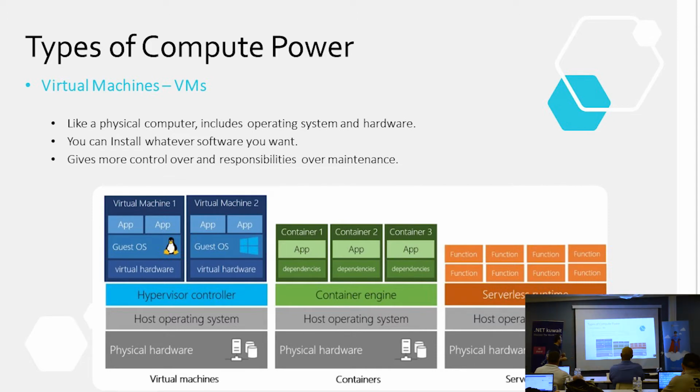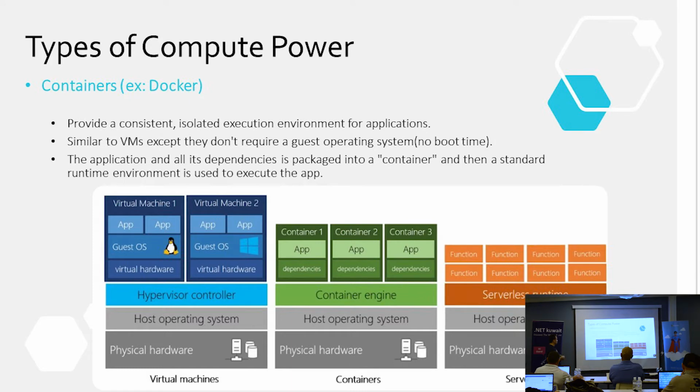The second thing is containers, and I think maybe a lot of you have heard about containerization technology, one of the famous implementations of which is Docker. It is a consistent isolation of your code and dependencies on top of the operating system itself. This is also a type of compute power.